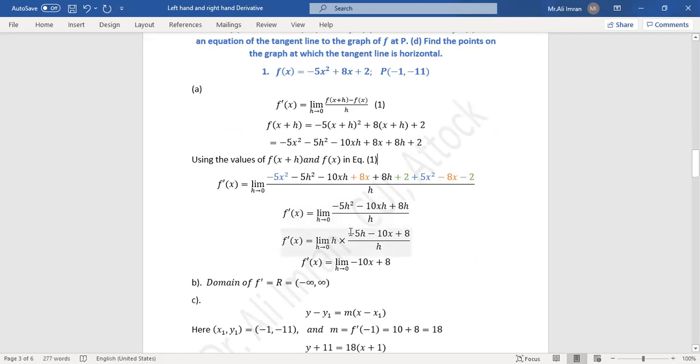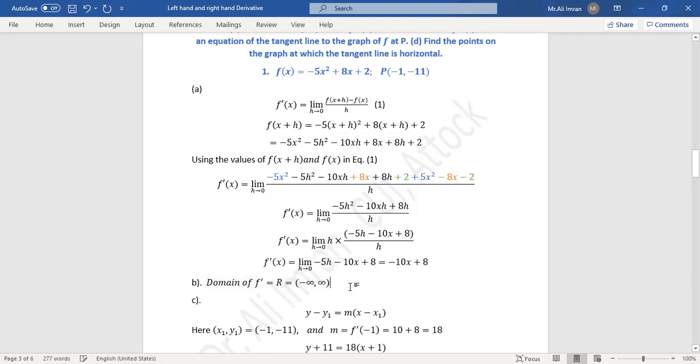Taking h common from the numerator and cancelling with the denominator, we will have f prime of x is equal to limit h equal to 0 minus 5h minus 10x plus 8. If we put the value of limit h equals to 0, we have minus 10x plus 8, the value of the derivative.